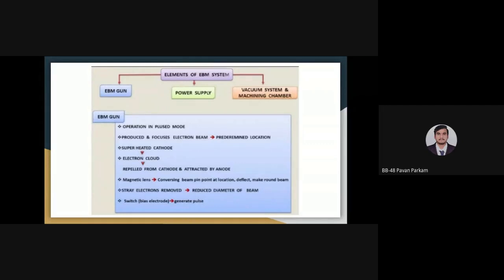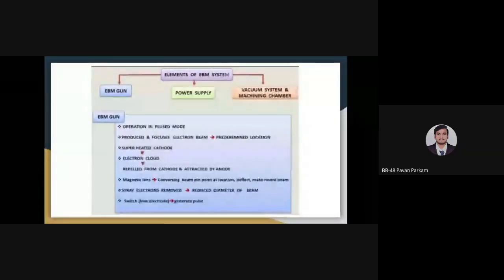One important point: the cathode is a tungsten filament heated to a very high temperature, or you can use a solid block of cathode heated by radiation of the filament. Both are possible.